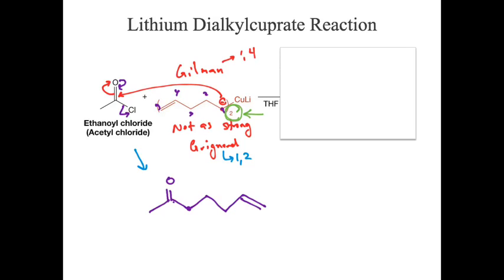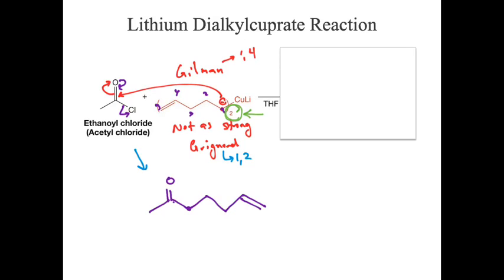I didn't need another 2. Okay, so the green 2 that we're referencing is kind of an artifact of what the Gilman reagent is. It will always have 2 carbon nucleophiles coordinated to it. How many of those carbon nucleophiles react is the second question that you guys are asking.